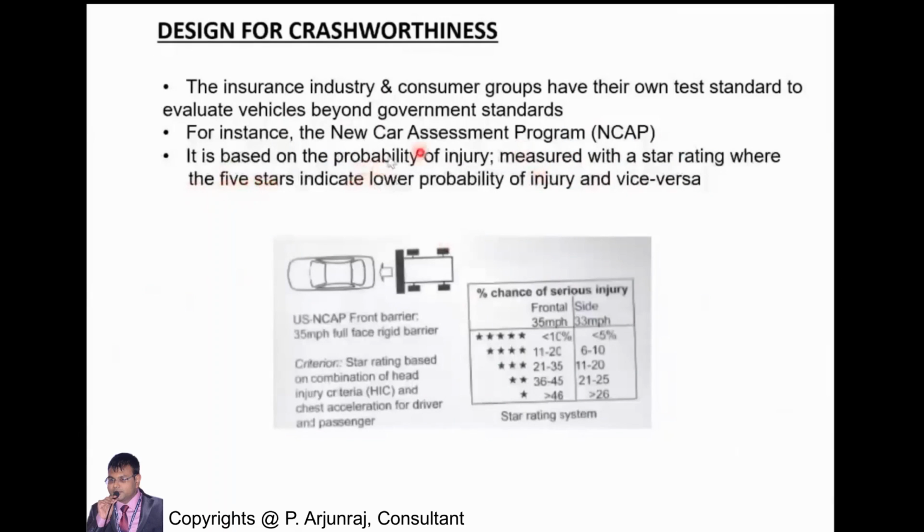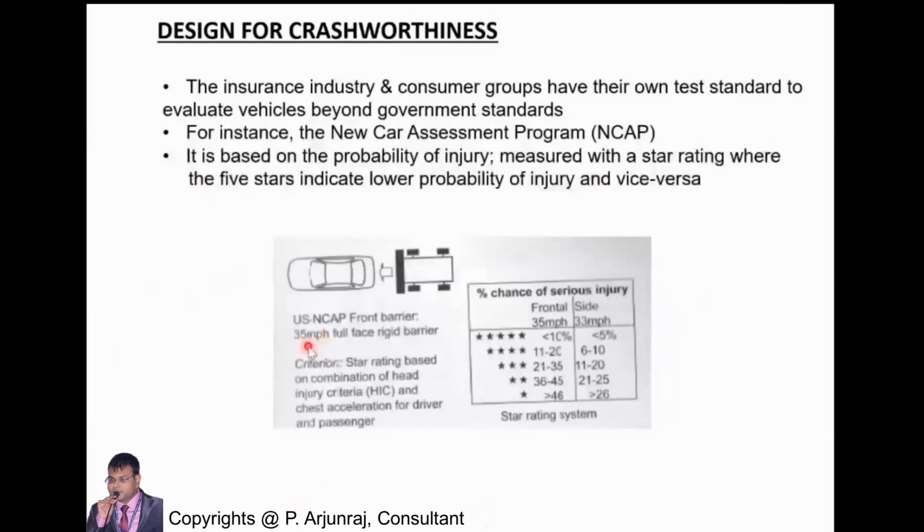The assessment is based on the probability of injury during the vehicle getting hit. You also have the star rating, from 1 to 5, which is based on the probability of getting an injury during the crash.